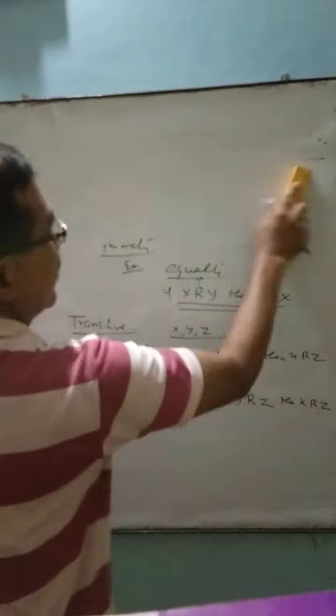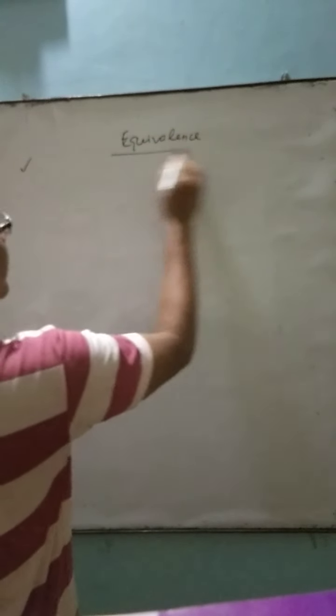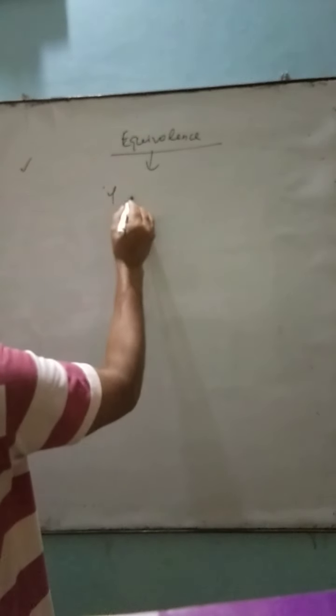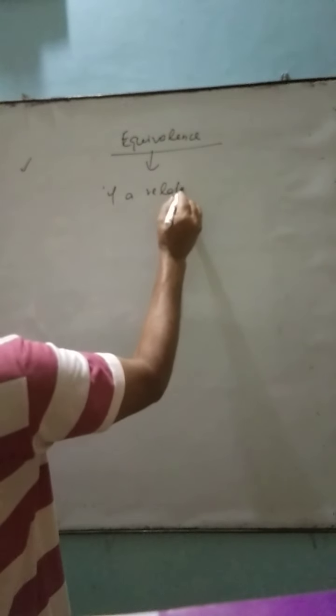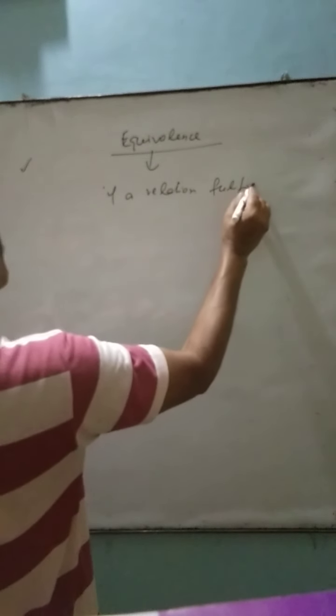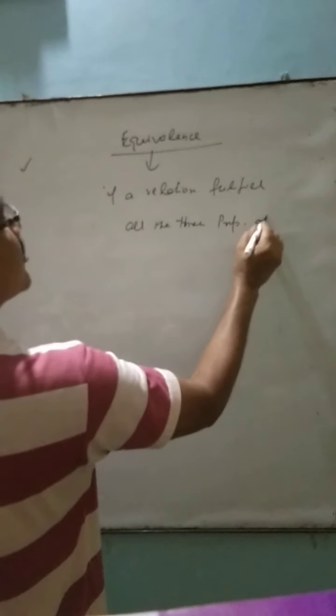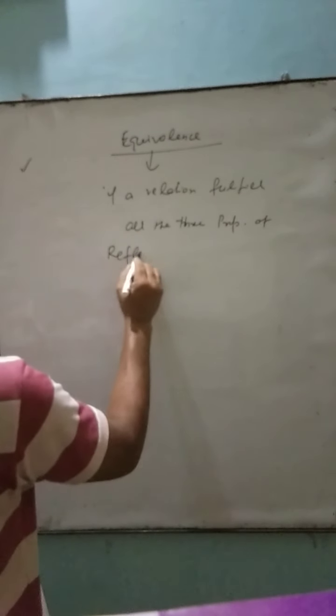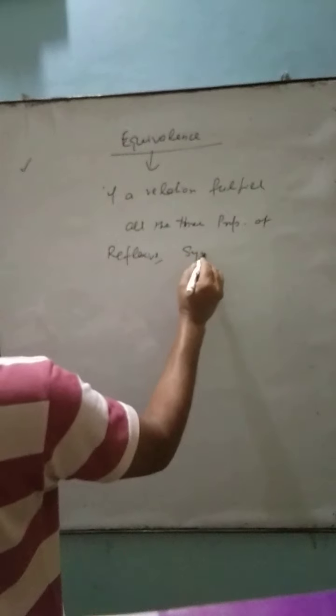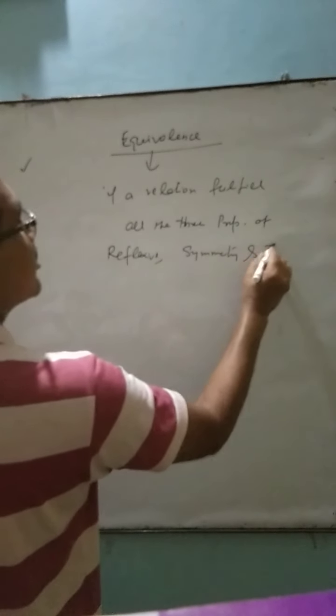Now come to equivalence relation. Equivalence relation. If a relation fulfills all the three properties of reflexive, symmetry and transitive.